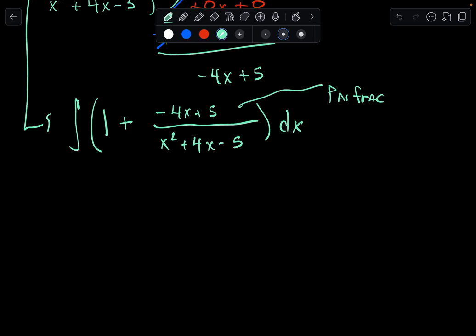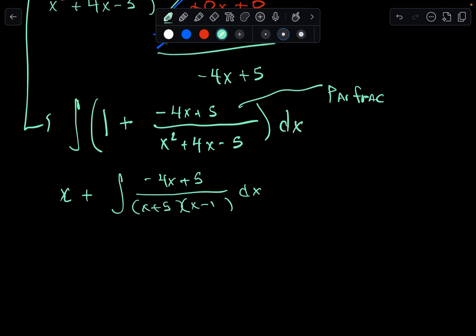So the answer is going to be x plus the integral of this thing that I have to decompose using partial fractions. And I'm going to go ahead and put the factors in the bottom, right? So that should be x plus 5 and x minus 1, okay?